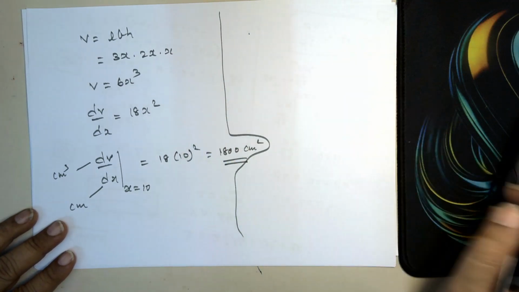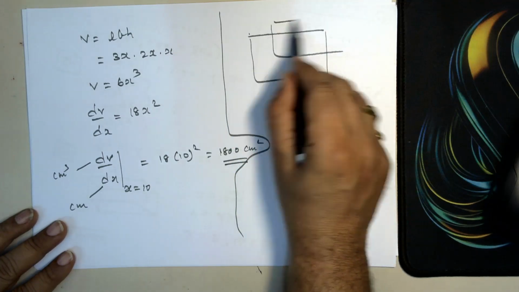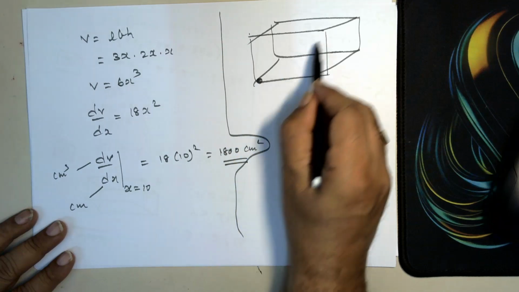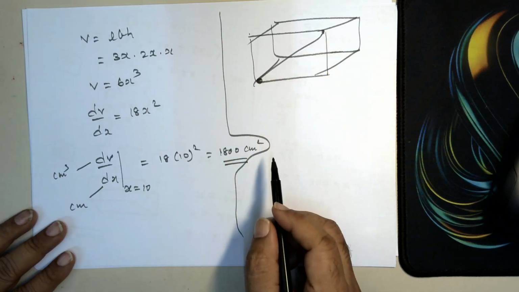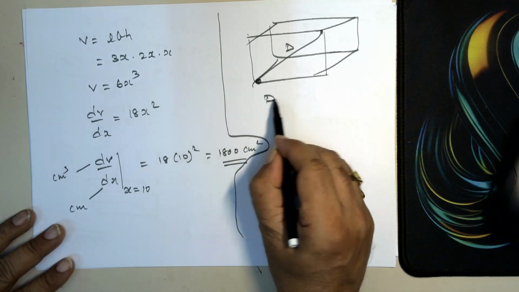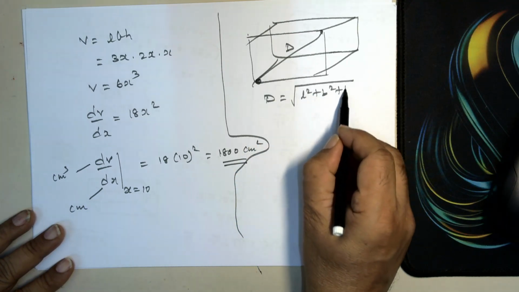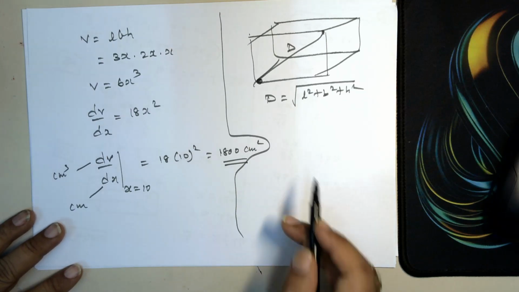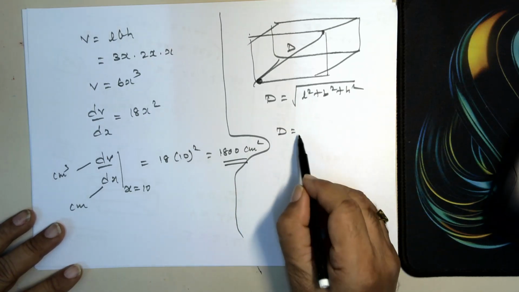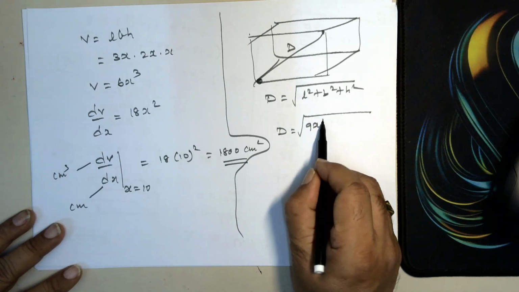What do you mean by diagonal? So this is a cuboid. This cuboid, from this corner to this corner. So this is the diagonal. Okay. So the diagonal D is nothing but the whole square root of L squared plus B squared plus H squared, right? Therefore, diagonal is equal to the whole square root of, what is L? 3x. So 9x squared.